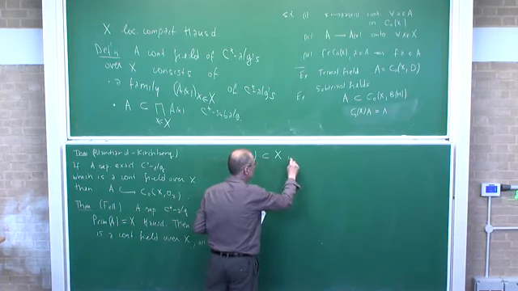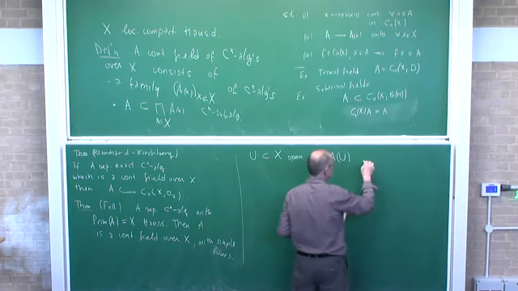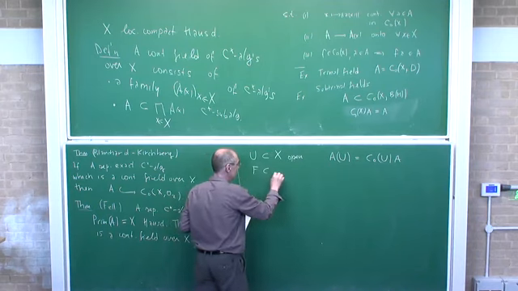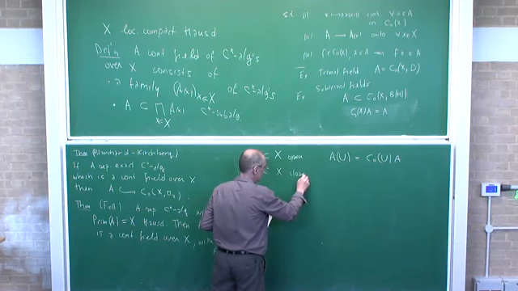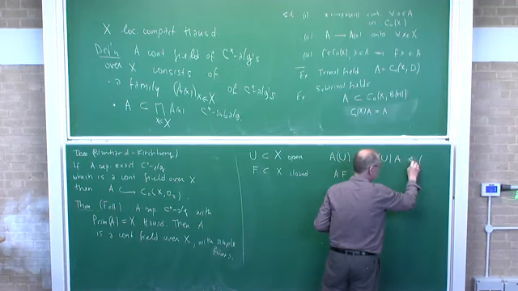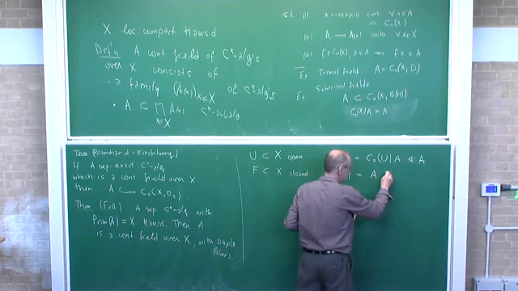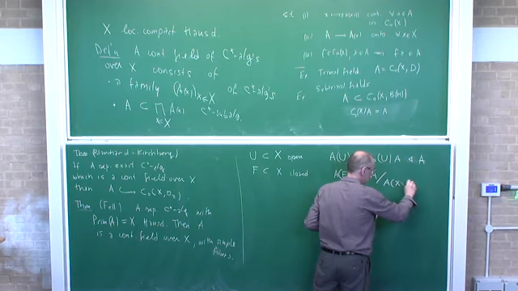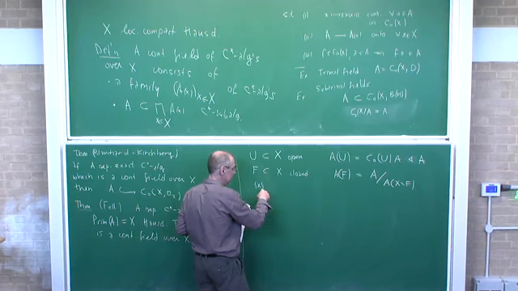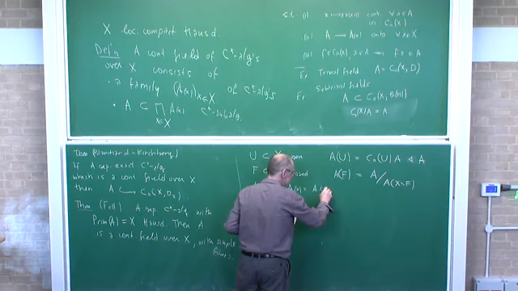So if U is an open subset of X, then we can associate an ideal A of U, which is simply C0 of U times A. And if F is a closed subset, then A of F is a quotient of A by the ideal, the complement of F. So in particular, if you take a point x, this is closed, then A of x can be identified with this quotient.